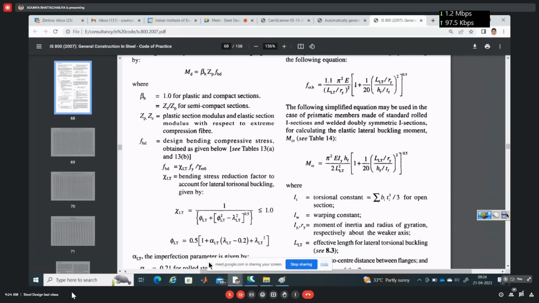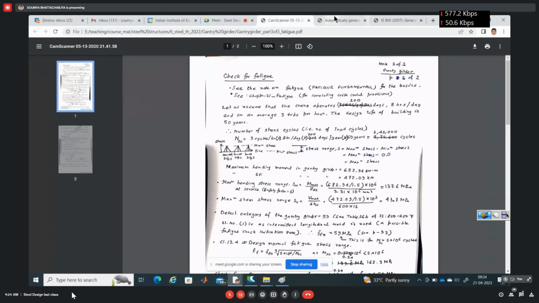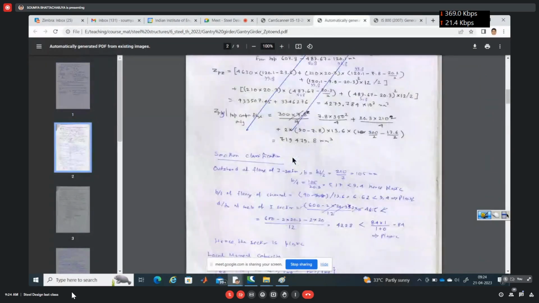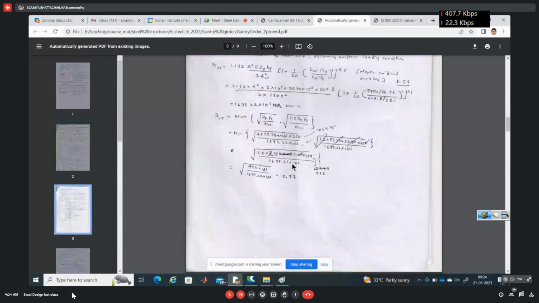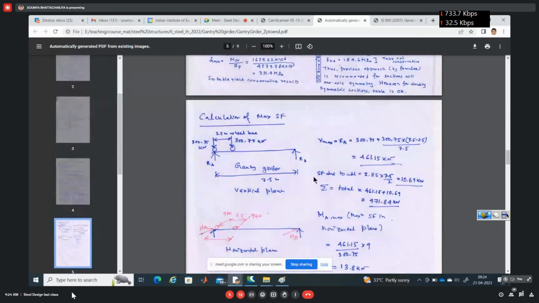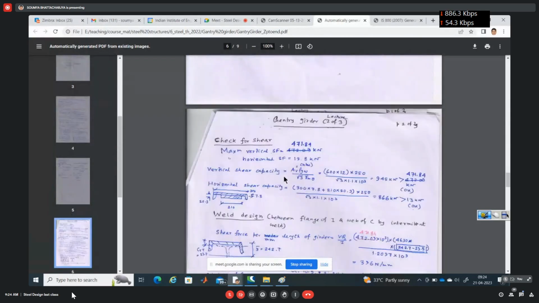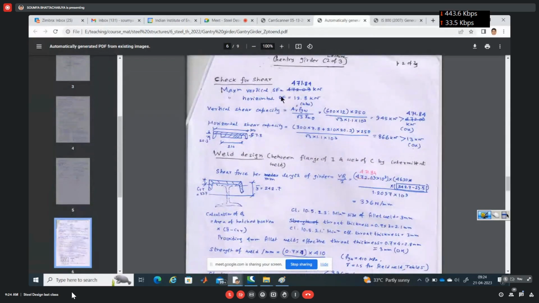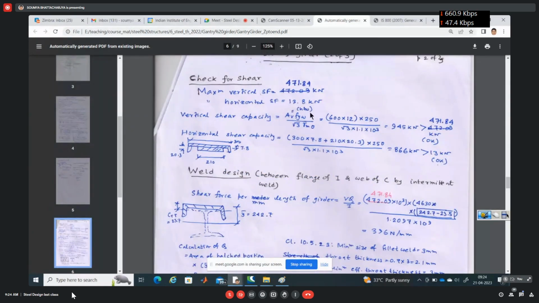Now going to the next part, that is the shear capacity. Maximum shear forces are already calculated. Vertical shear force is this much and horizontal shear force is this much, and the vertical shear is resisted by the web part only.